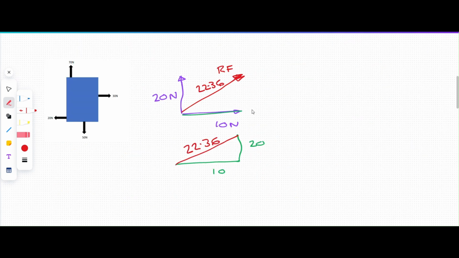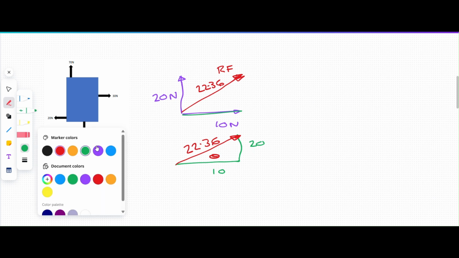Task number 2, same type of thing, if you remember. We worked out 20 and 10, and then we used Pythagoras to find the 22.36. So now I want to find, just like in the above example, the angle in there, look. So I might draw this triangle again, in a different color pen.